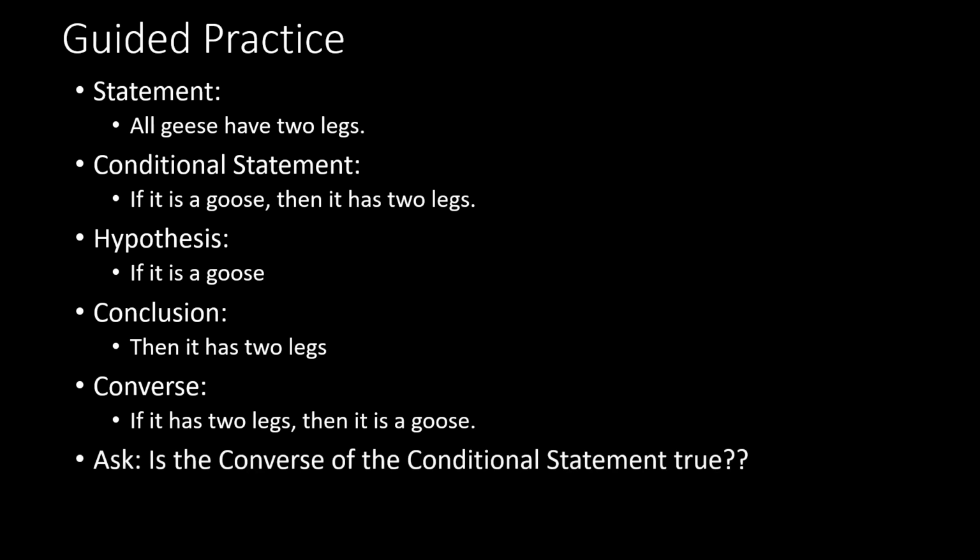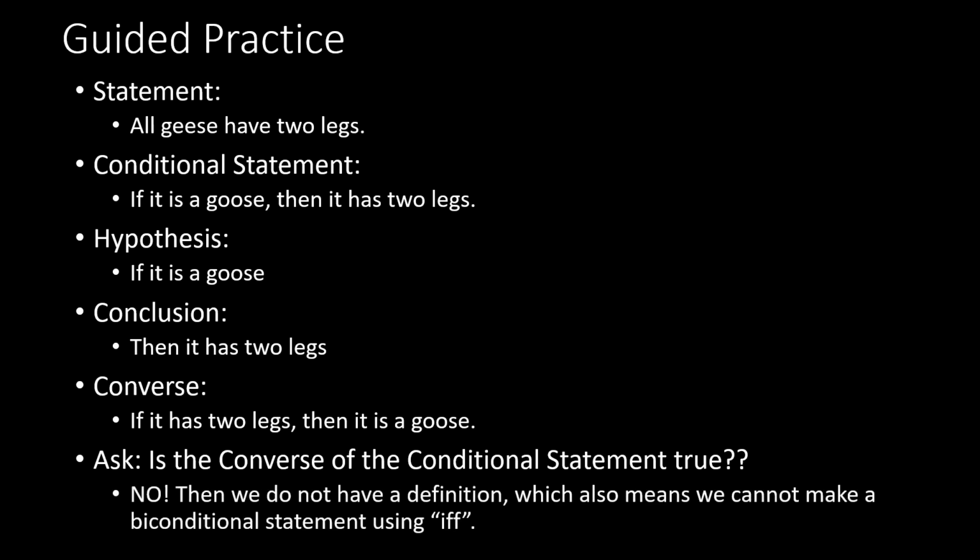Ask yourself, is the converse of the conditional statement actually true? Now let's think about this. If something has 2 legs, does it have to be a goose? No, people have 2 legs. There are other creatures out there that have 2 legs. So notice that in this case, the converse of your conditional statement is not true.